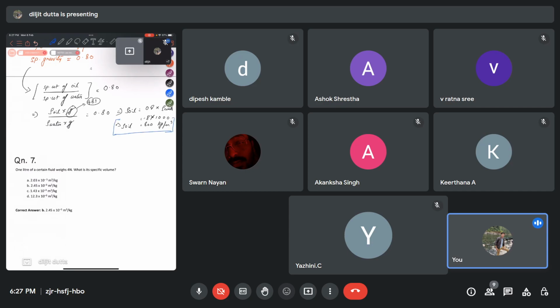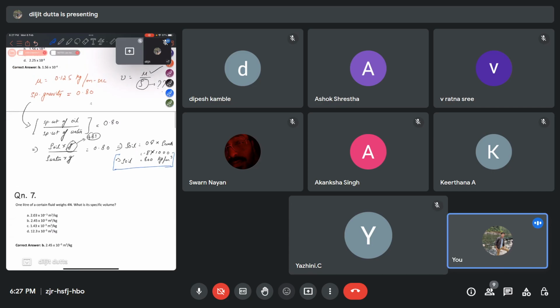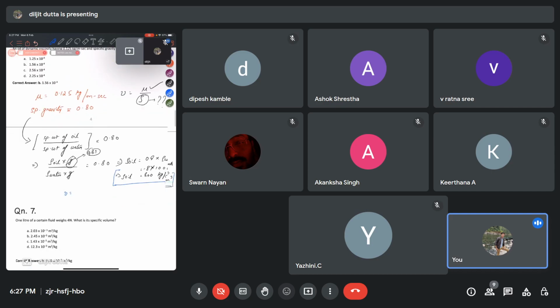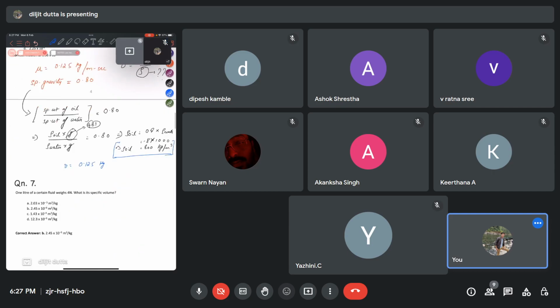So now what do we need? We need to find kinematic viscosity, that is mu by rho. What is the value of mu? It is 0.125 kg per meter second divided by 800 kg per meter cube.